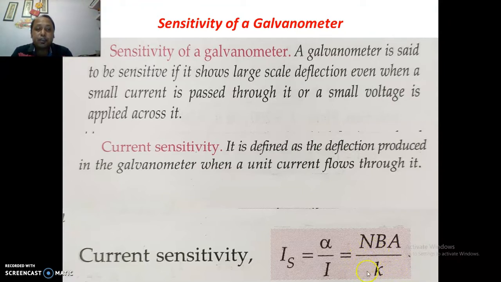This constant depends on the phosphor bronze strip on whose support the whole coil is hanging. So I hope this current sensitivity is very clear to you. The unit of current sensitivity will be division per ampere.